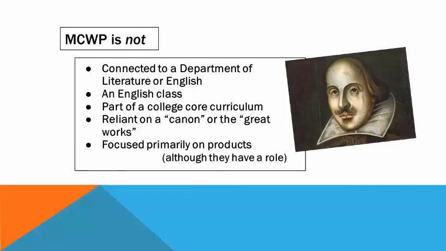We're not part of a college core curriculum, which some of our other colleges here on campus have, most notably Revelle and ERC, ERC's MMW courses. We're not reliant on a canon of the great works, and we're not focused primarily on products, meaning genres. So it's not necessarily the end result that we're as focused on during the course, but it certainly has a role. You do have to produce a good end product.